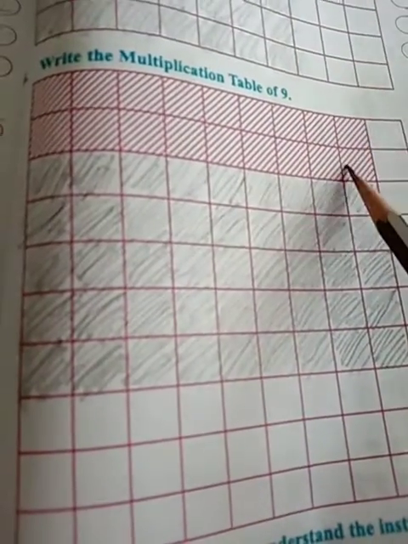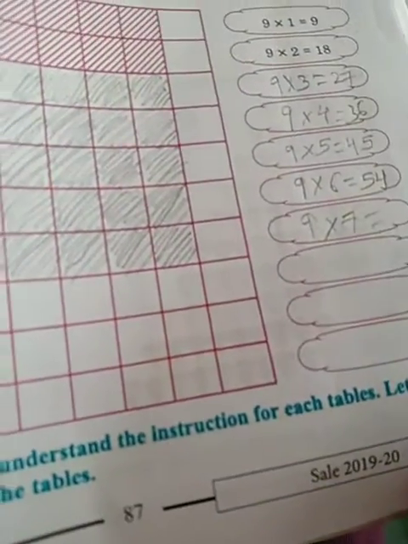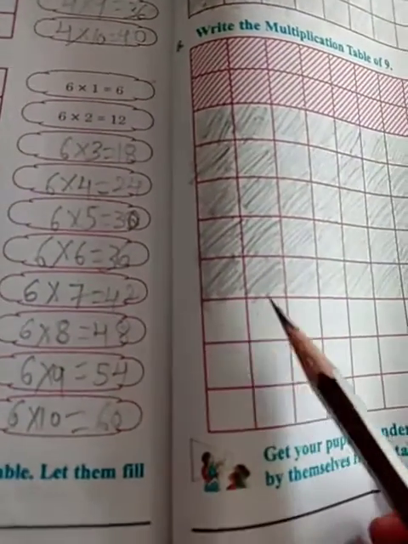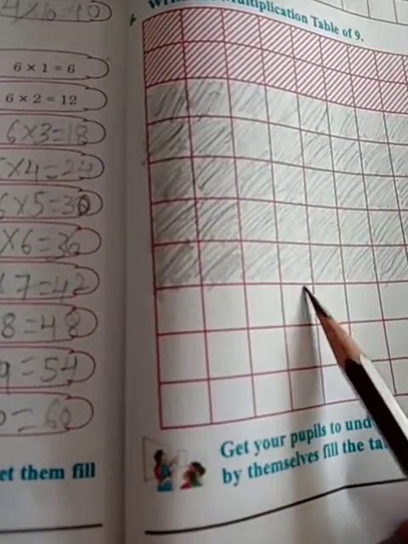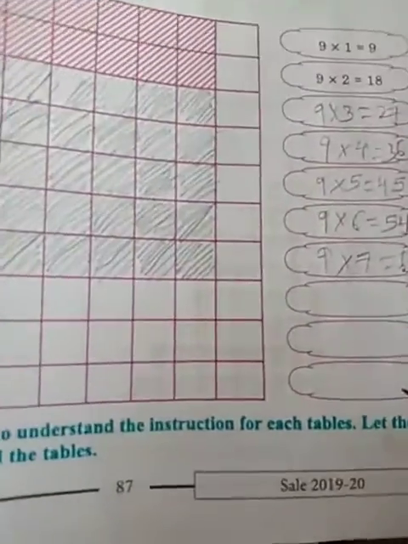So 9, how many times having 9? 1, 2, 3, 4, 5, 6, 7. 9 7s are. 9 6s are 54. Till here 54. So then 55, 56, 57, 58, 59, 60, 61, 62, 63. 9 7s are 63.